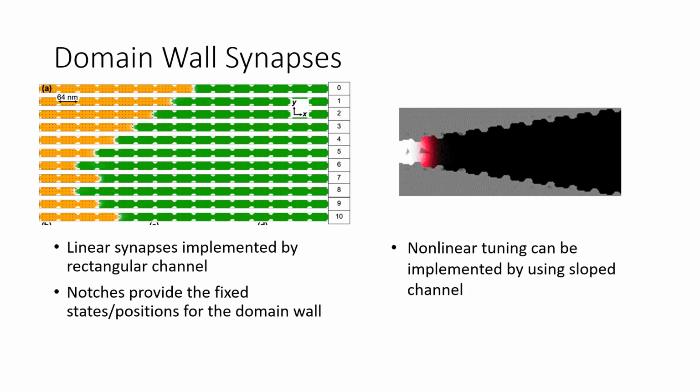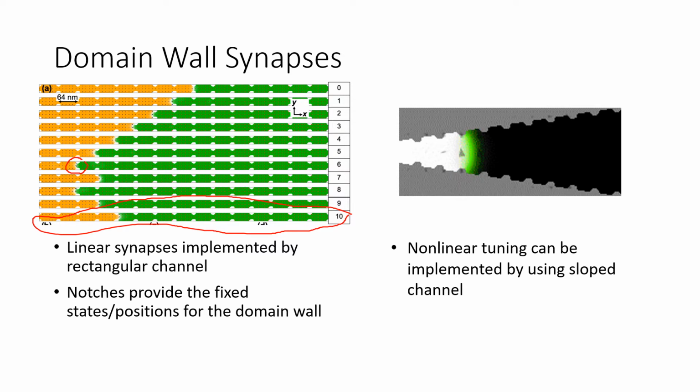So I talked about how we want to use magnetic materials to implement these domain wall synapses. On the left, you can see a linear synapse. As you can see here, it's a more rectangular shape, so these edges are essentially straight. You can also see that there are notches, and these notches provide fixed positions and states for the domain wall. And the domain wall is this separation of these two different areas or domains.